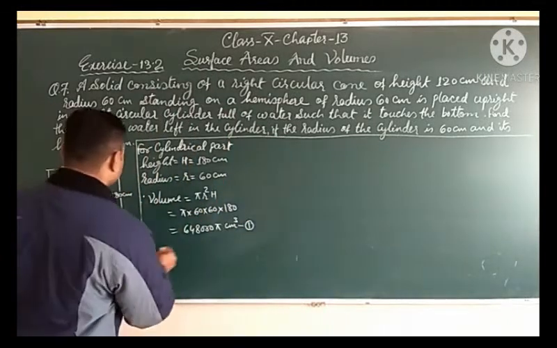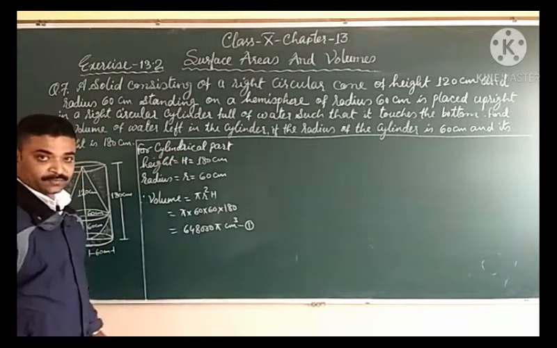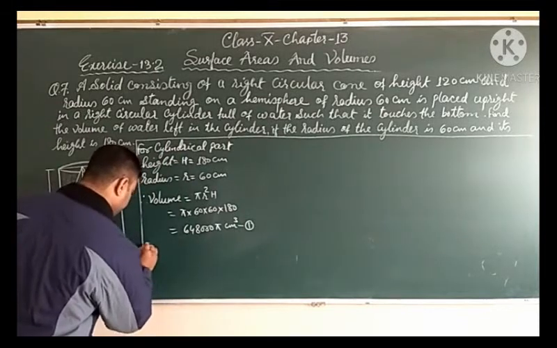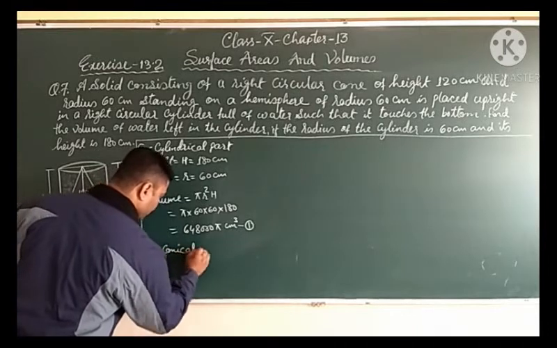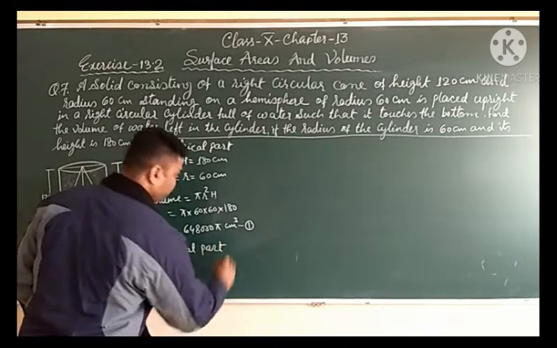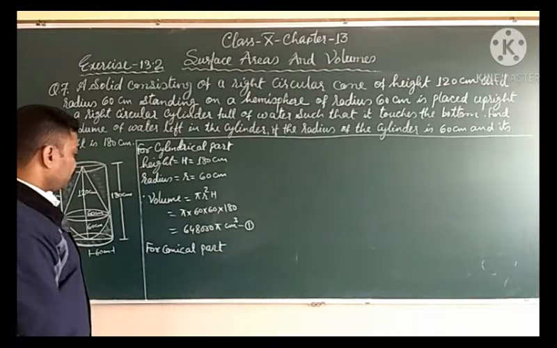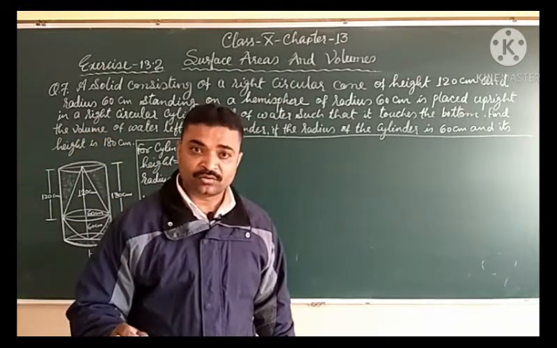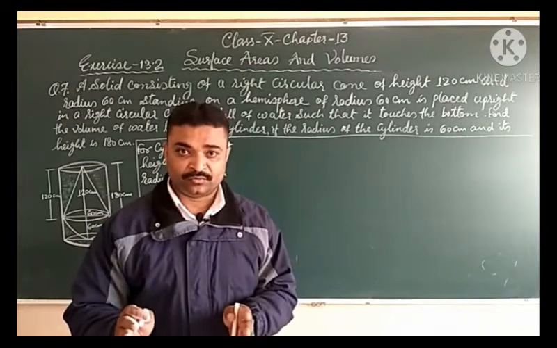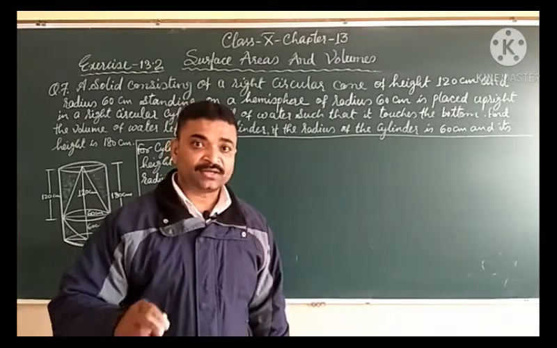Now that is for the cylindrical part. Now for the conical part, we have to find the volume. So what is the volume of a cone? Volume of cone is equal to 1/3 pi r square h.